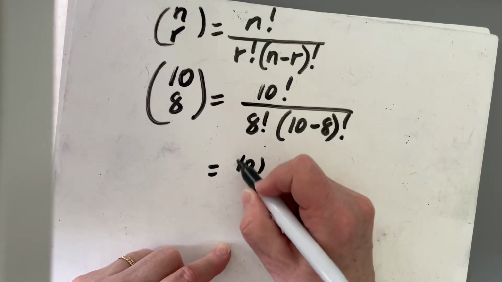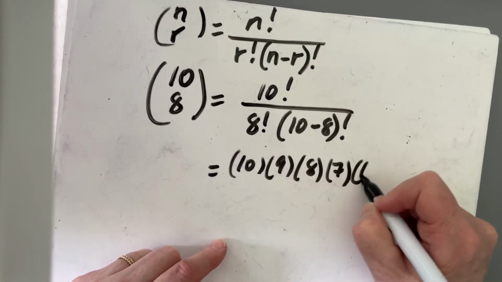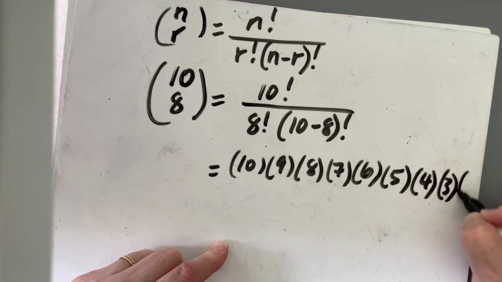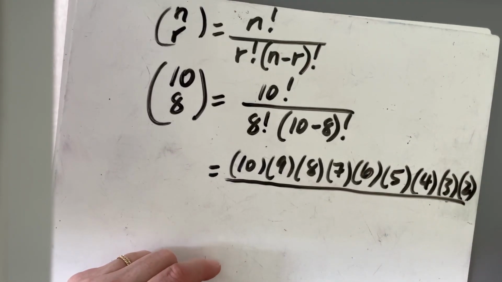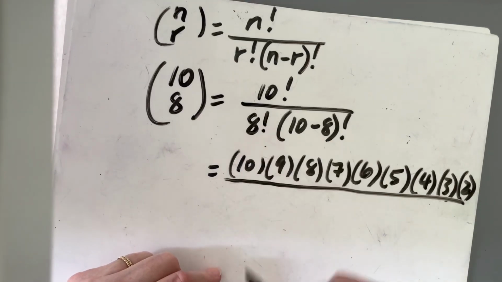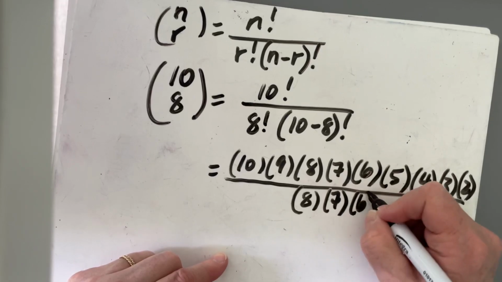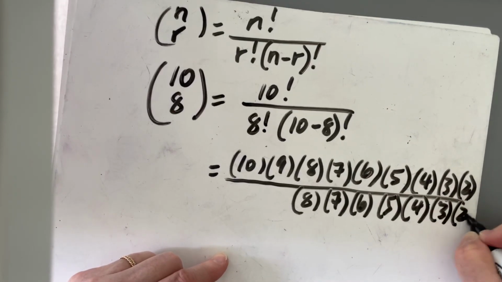That's going to be 10 times 9 times 8 times 7 times 6 times 5 times 4 times 3 times 2, also times 1, but that's not going to change anything, so I'm not going to write it anymore. Then 8 factorial. Well that's 8 times 7 times 6 times 5 times 4 times 3 times 2.